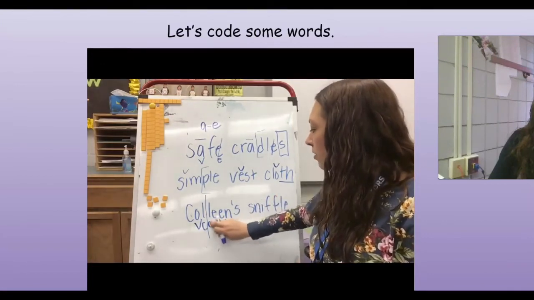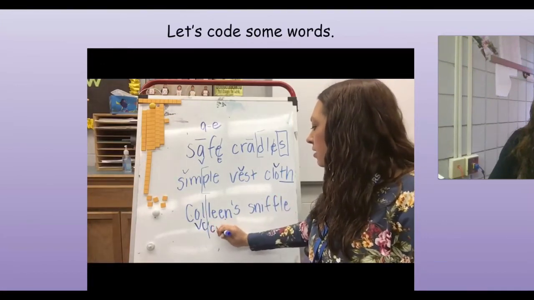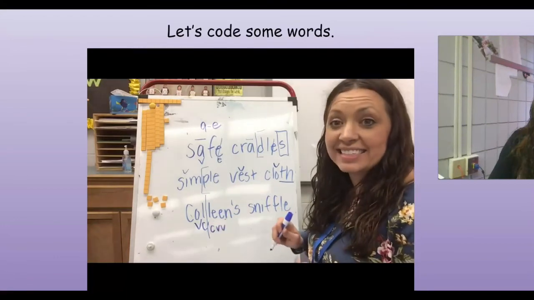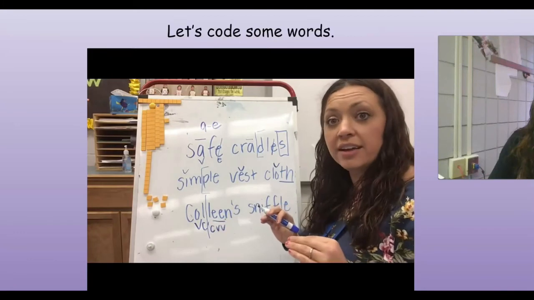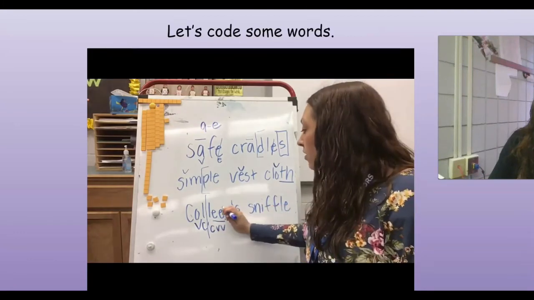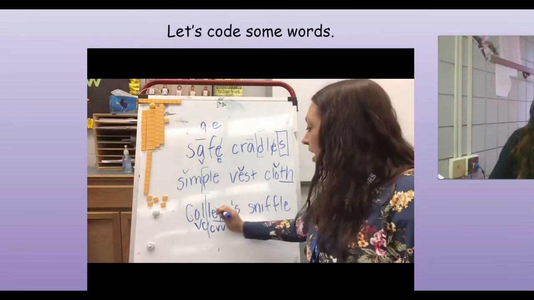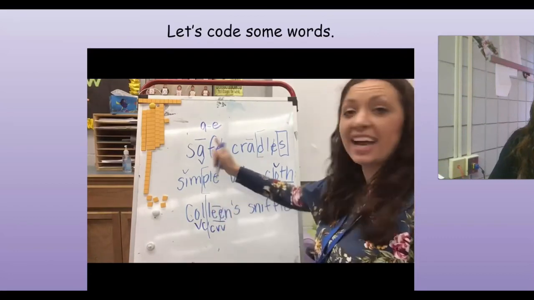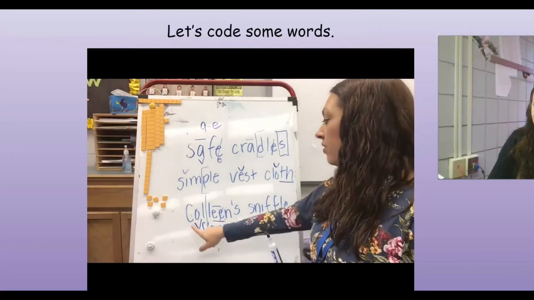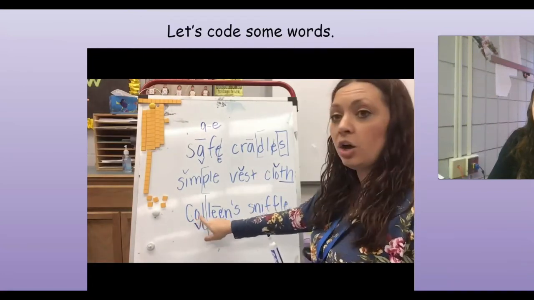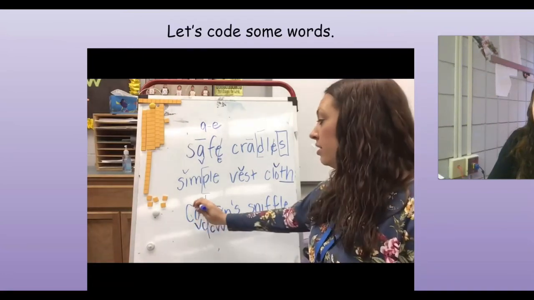Now, when I come over here, I know that EE is a vowel digraph, so I'm going to underline it because it goes together, okay? And when it goes together, one of those E's is going to be silent, and it makes the other E long, just kind of like a CVC word, okay? All right, so then over here, I've got an O in front of an L, so that O is going to be short.